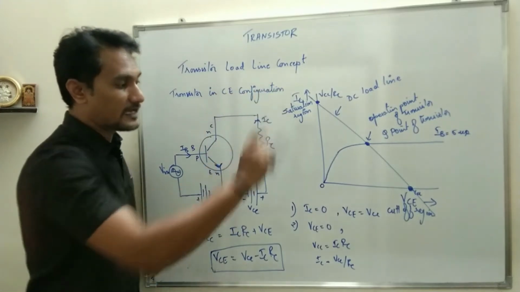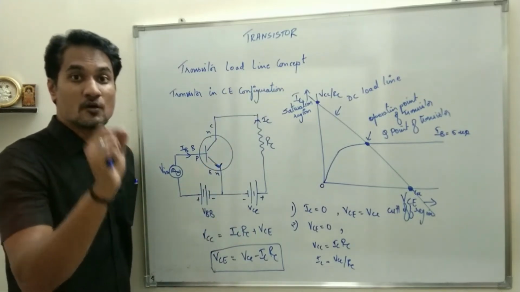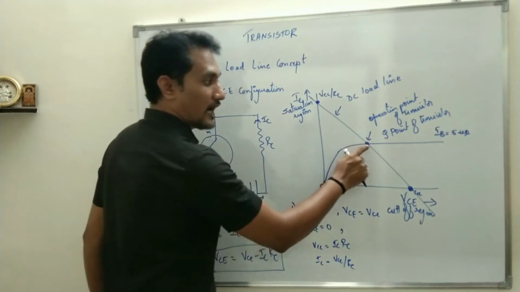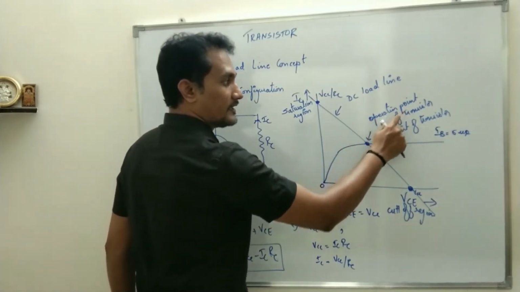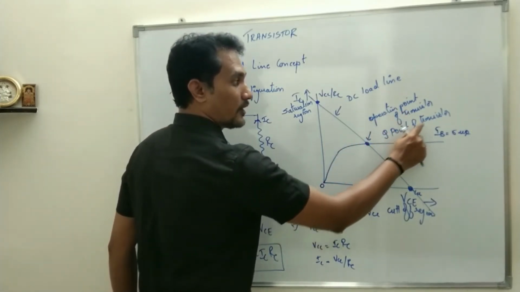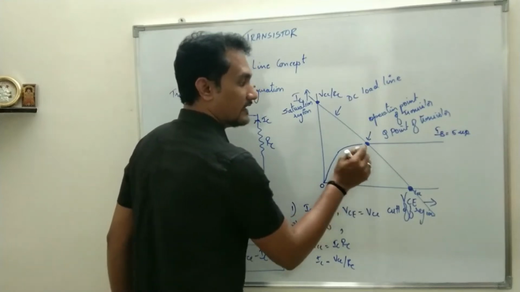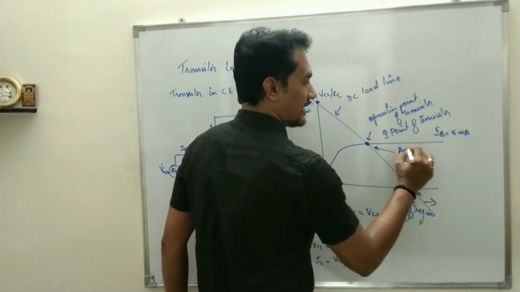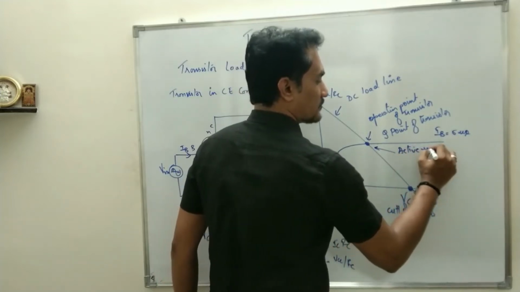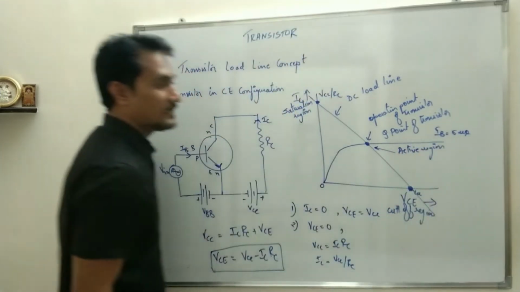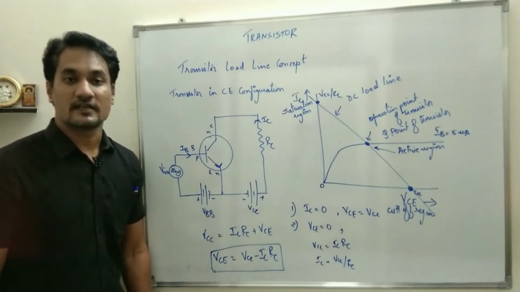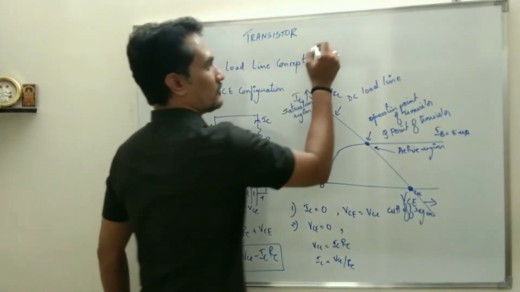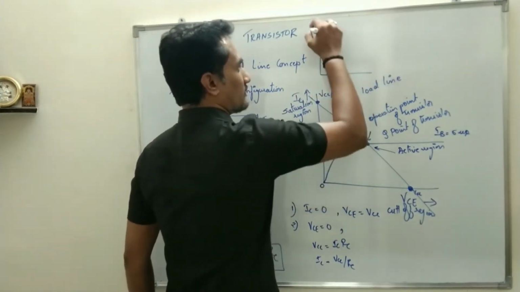I will draw 3 diagrams to explain why it is necessary to have the operating point exactly at the center of saturation and cutoff. This is called the active region. So the active region should be exactly in between saturation and cutoff. So I will draw the 3 graphs.